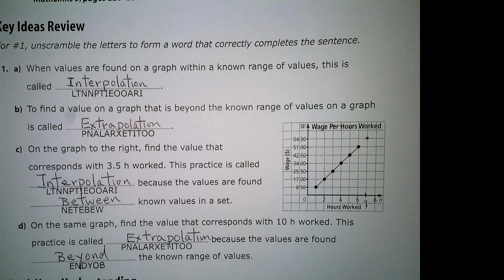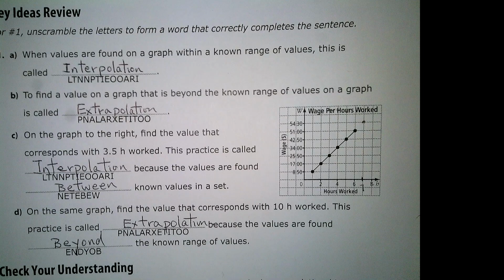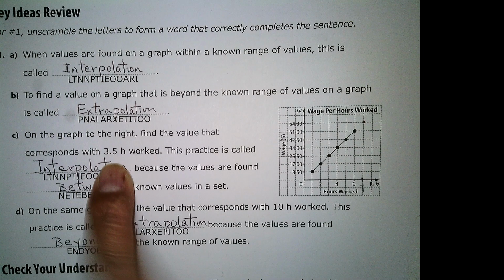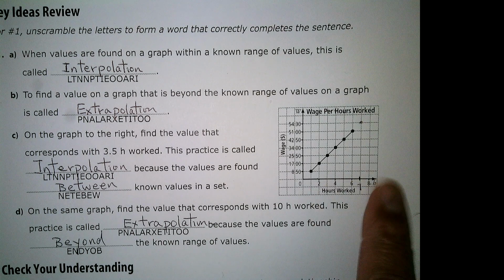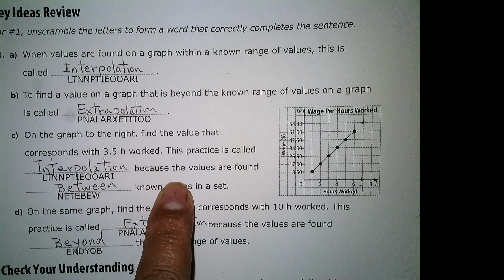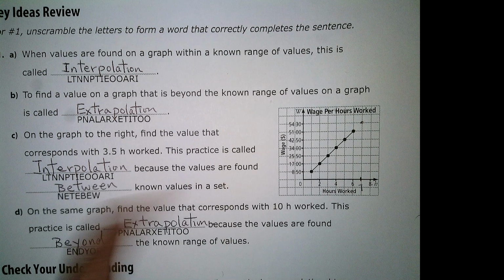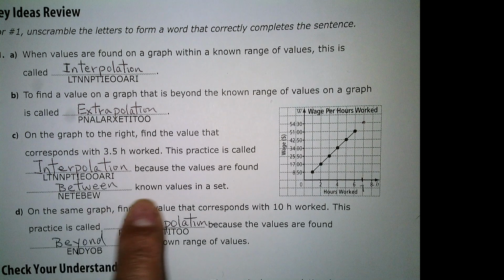Inter means inside the graph. Extra means outside the graph. You see the example right here: 3.5 hours and 5 hours are inside the range, so the values are found between known values.